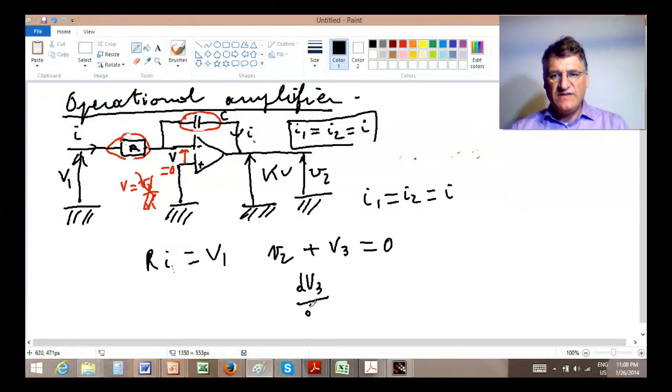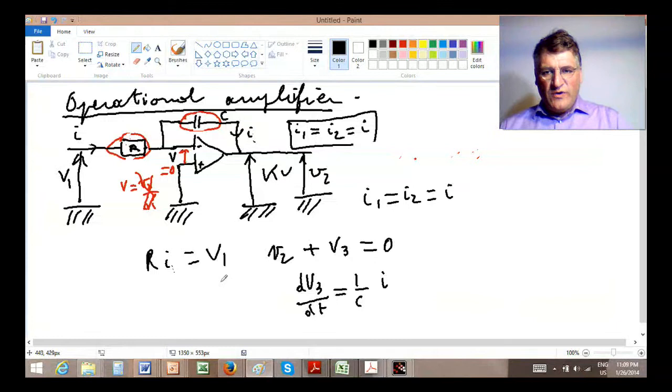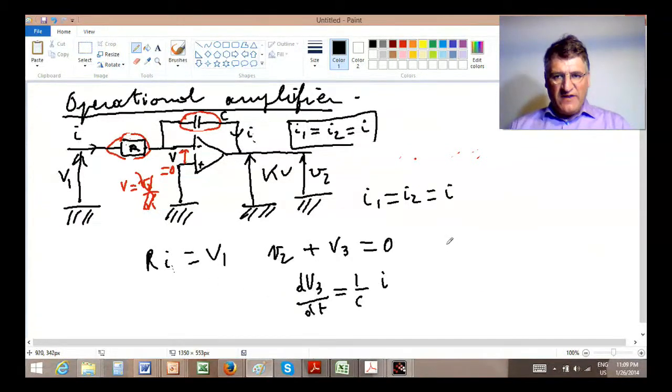dV3/dt is equal to 1 over C times I. So what we obtain is that dV3/dt is equal to 1/C times I, or in other terms, V1 over R. So we obtain that dV3/dt is equal to 1 over RC times V1.